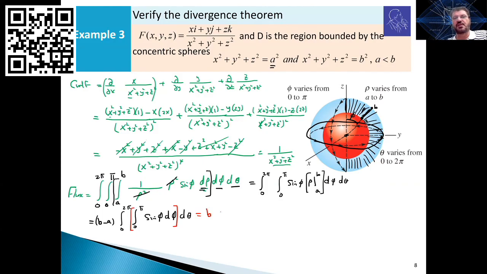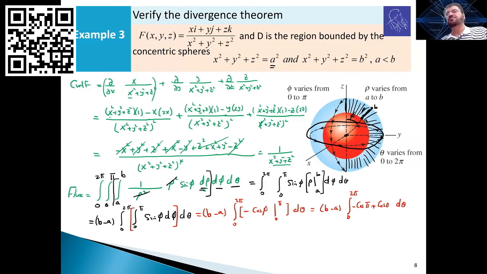So it's equal to B minus A integration from 0 to 2 pi. Now what's the integration of sine phi? It's minus cosine phi from 0 to pi. That's the inner part. Then d theta, which is equal to B minus A integration from 0 to 2 pi. Now put the pi, so you get minus cosine pi, minus and minus becomes plus cosine 0, then d theta.